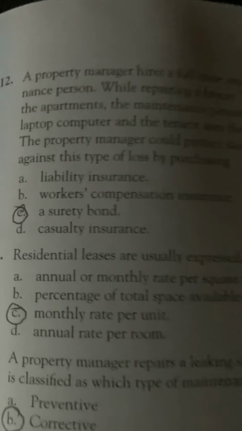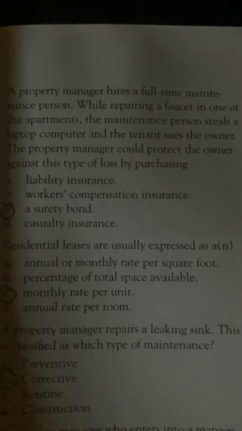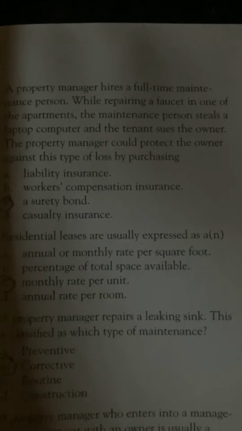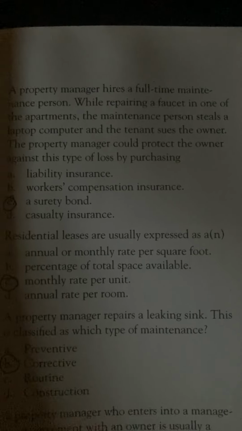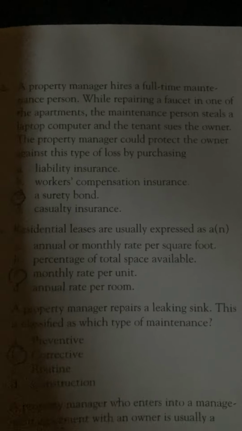Page 387. Number 12. A property manager hires a full-time maintenance person. While repairing a faucet in one of the apartments, the maintenance person steals a laptop computer and the tenant sues the owner.